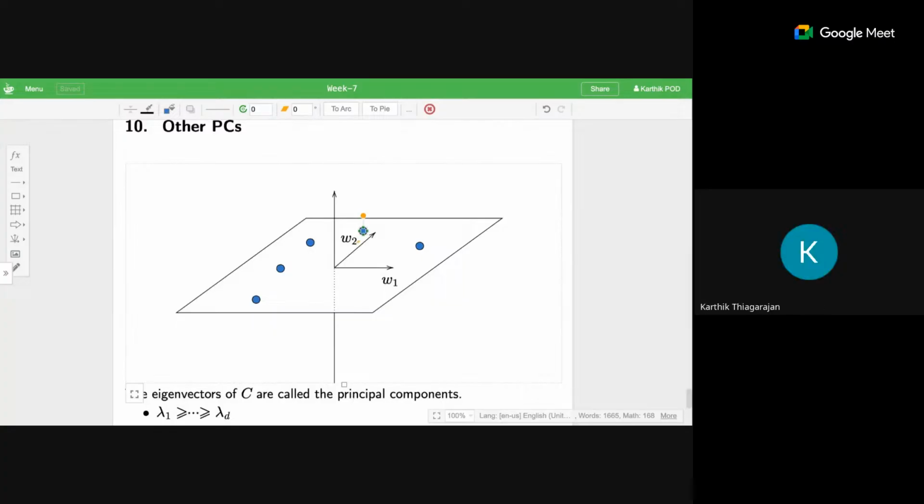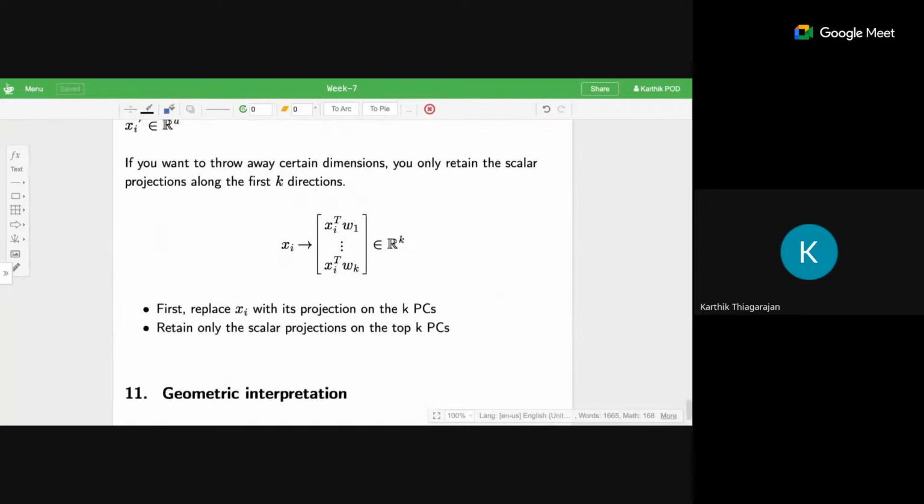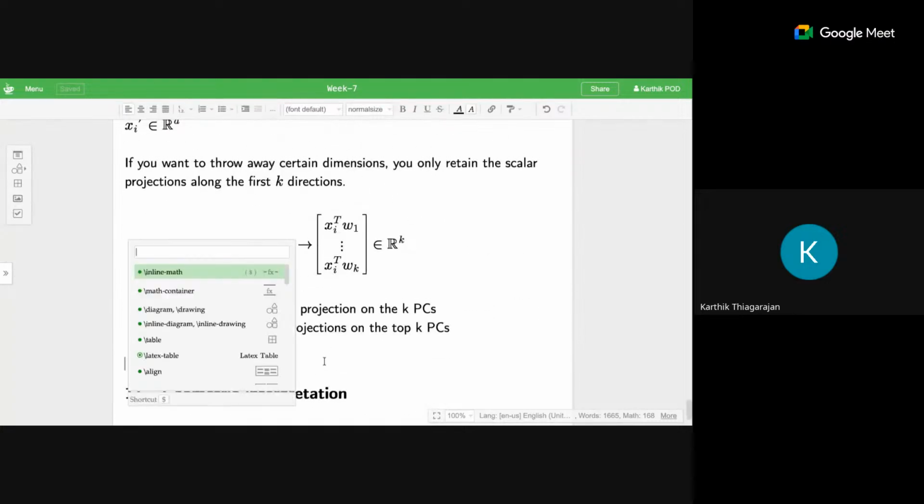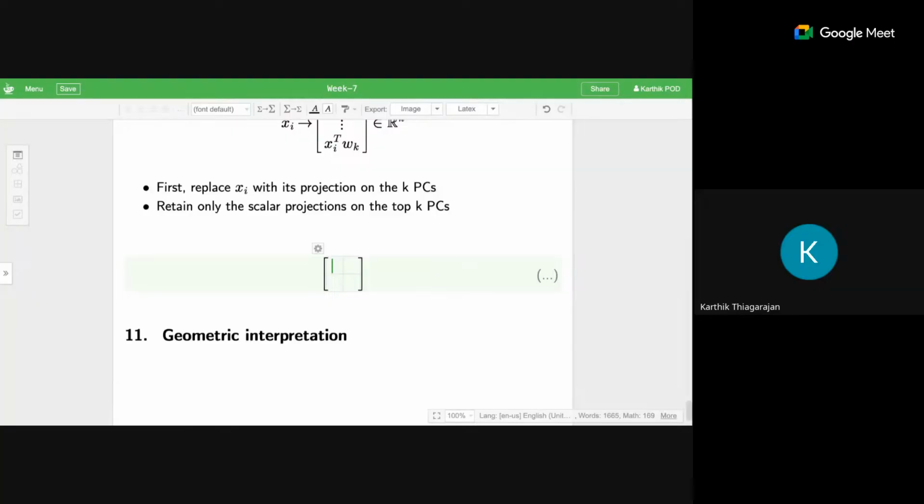Yes, sir. That is still in R3. Okay, so that is still in R3. So if you want only 2 dimensions to represent each point, what you have to do is for each point just retain this vector: X transpose W1, X transpose W2.